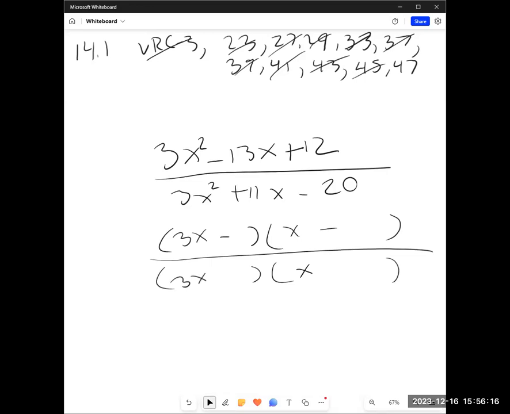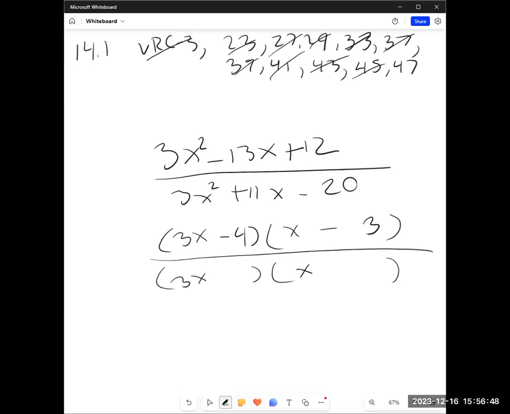And we want to get a 13 in the middle. 3 and 4 gives me -9 and -4 for a -13.